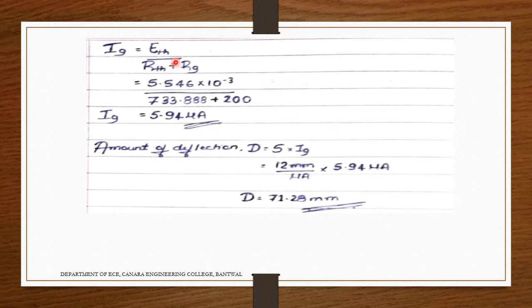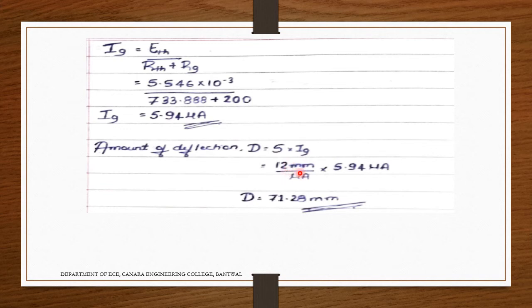Similarly, Ig is equal to ETH divided by RTH plus RG. ETH we know is 5.546 millivolts, divided by RTH 733.888 plus 200, the internal resistance mentioned. So Ig is equal to 5.94 microamps. But the main thing we require here is the deflection, S into Ig.